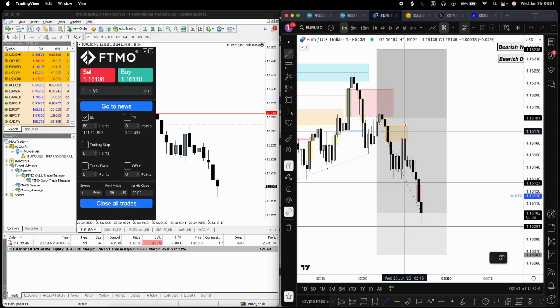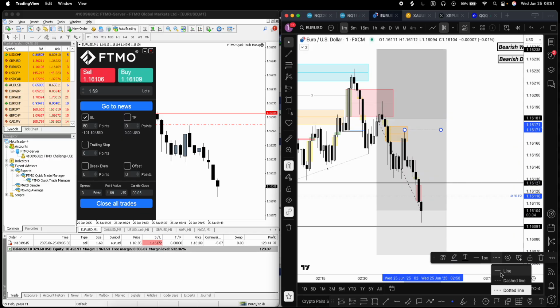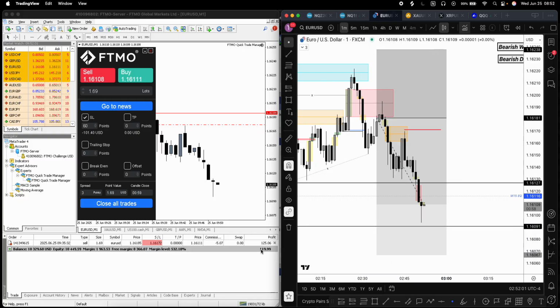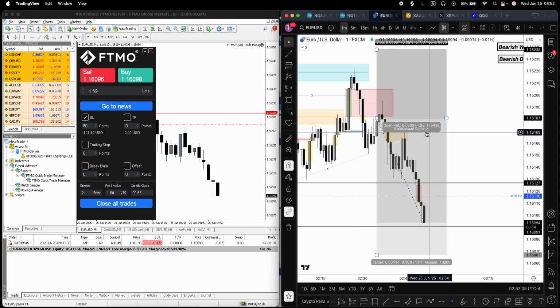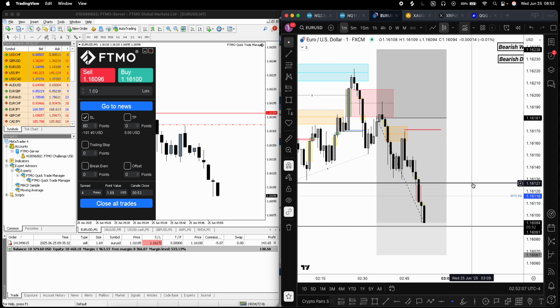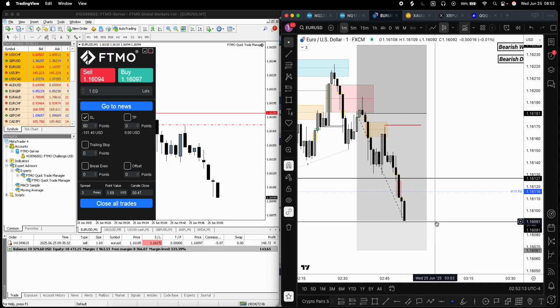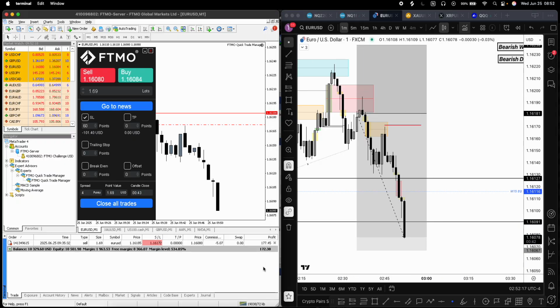Let me draw that in. Stop is there. So our stop loss is now here at this red line. And hopefully we accelerate past this black line, exactly like that.